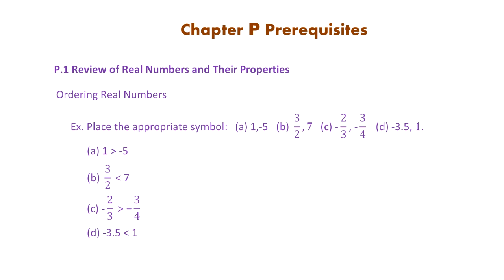The last question has negative 3.5 and 1. All negative numbers are less than positive numbers, so that's easy. Any questions for this example? No, sir. Good, these are pretty easy.